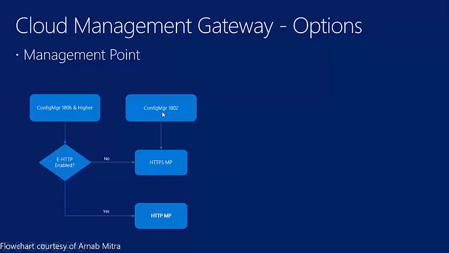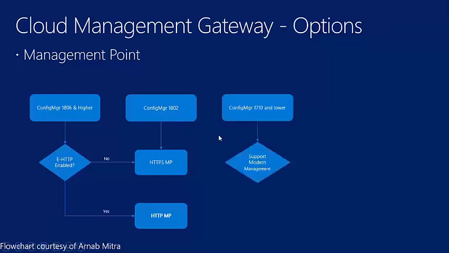If you are on ConfigMgr 1802, then you directly have to have your management point in SSL mode, because there is no enhanced HTTP. And if you have a ConfigMgr 1710 or previous infrastructure, then the key question is, are you supporting modern management? If the answer is yes, then you can use the same management point configured in SSL mode.